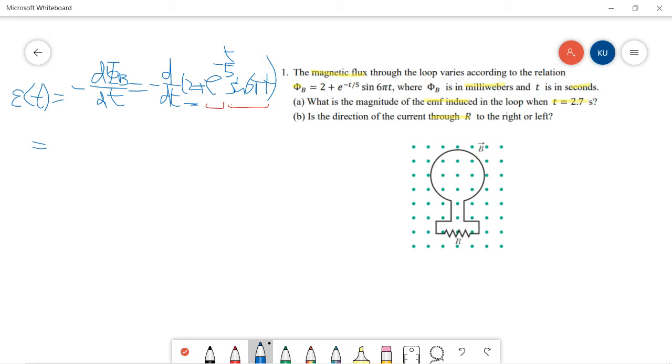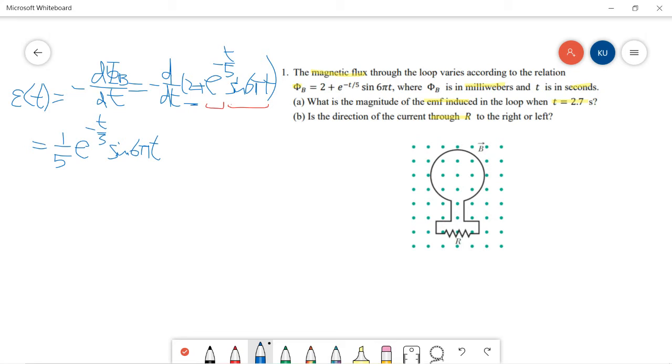We first take the derivative of the first function, exponential to minus t over 5. So we have exponential to minus t over 5, and then using the chain rule, minus 1 over 5. And then we also have another negative sign, so we have 1 over 5. Then multiply by the second function, sine 6 pi t.